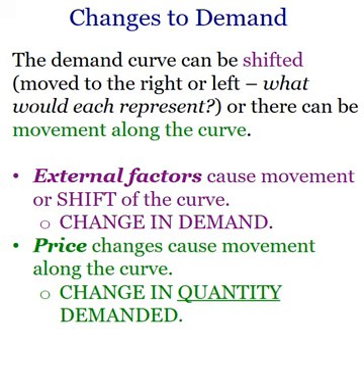Here I want us to start seeing a major difference that's very, very important: change in demand versus change in quantity demanded. These are not the same thing. Change in demand means the line moved. Change in quantity demanded means you have the same line that you always had, but there's been a move along that line. We're going to see these in the next slide.